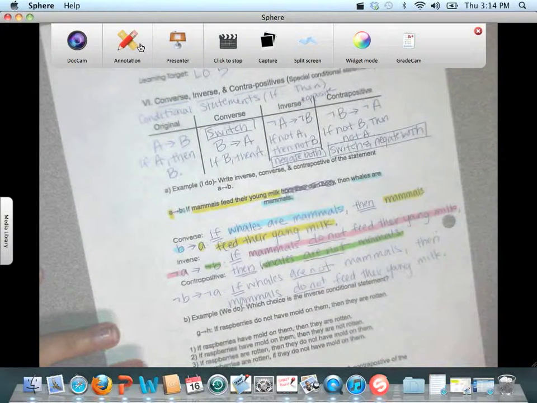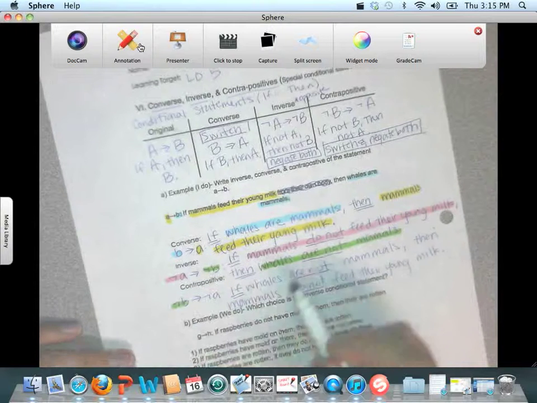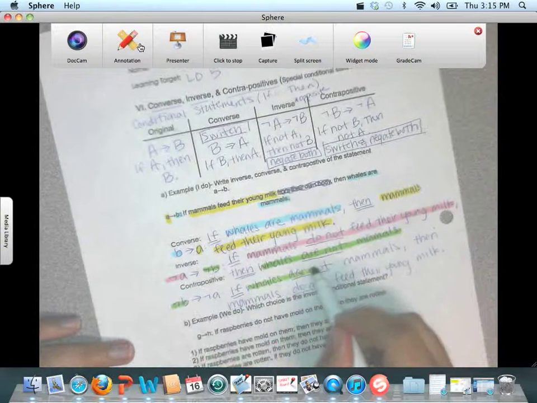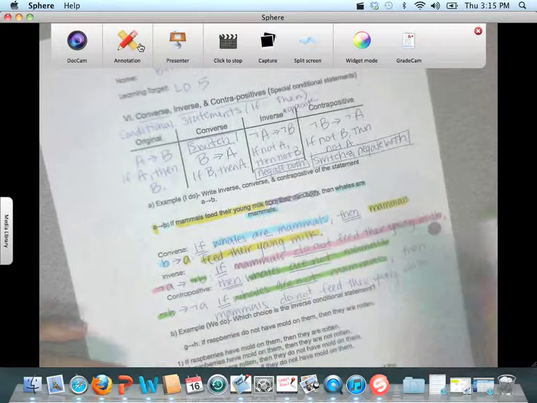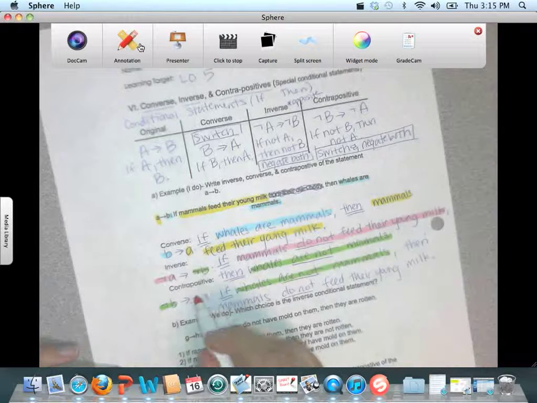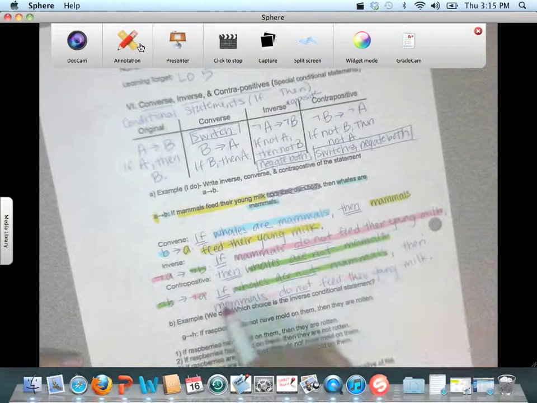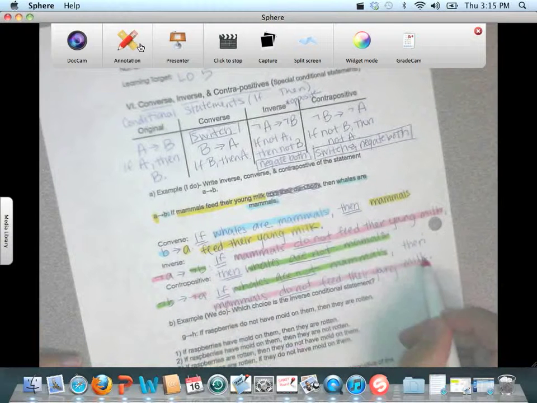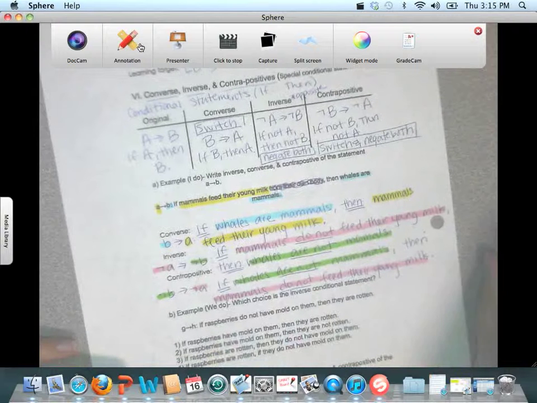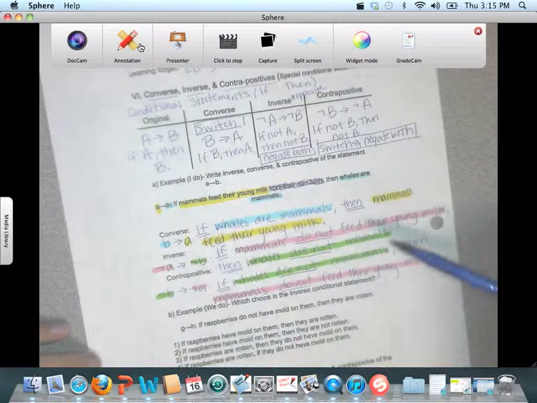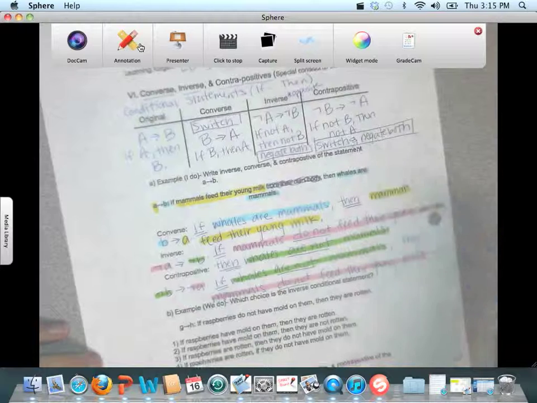So using my colors, not B was green, whales are not mammals, and not A is beak. Whales do not feed their young. So those are all the different versions of a conditional statement.